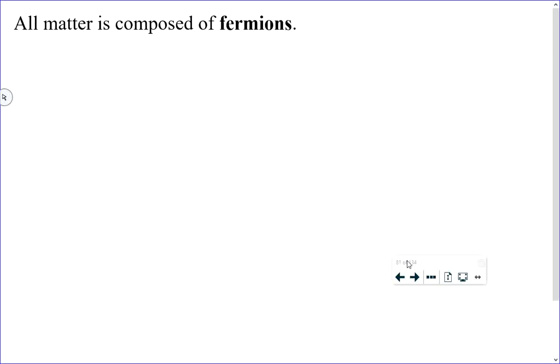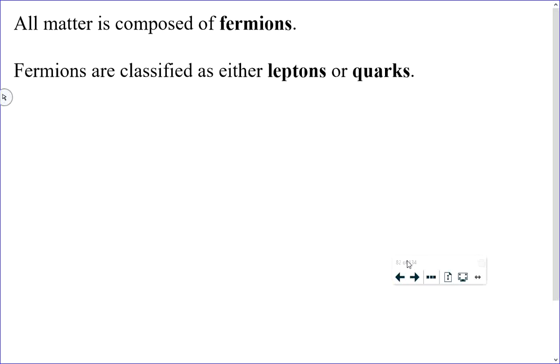So, now we're going to talk about what these fundamental particles are. All matter, everything around us that's physical, is made of what we call fermions. And you need to know this word. A fermion is a particle of matter. Specifically, fermions are the building blocks or the fundamental pieces that everything more complicated is made of. And there are 2 classifications of fermions.